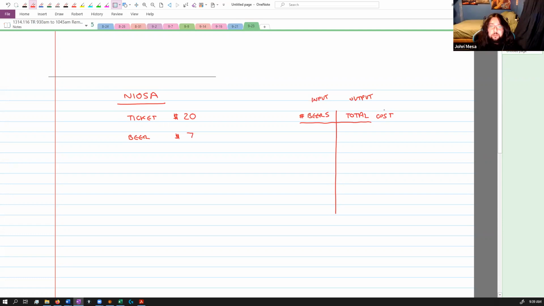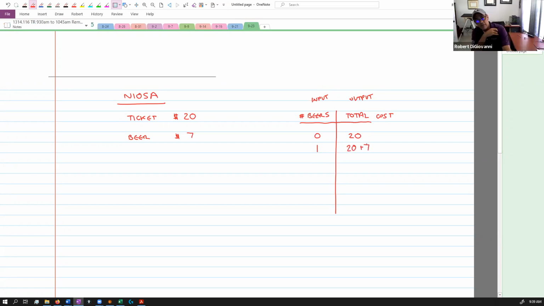$20. $20, right? Because you still have to get in the door, right? So even if you have no beers, you're going to have $20 cost. So what if you have one beer? Well, it'll be 20 plus the 7, right? For the beer. So $27. What if you have 2?